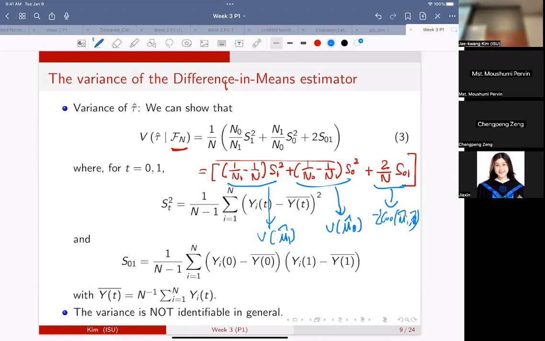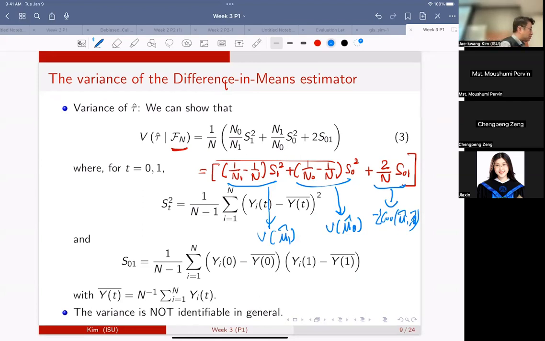So you can see, this is the population variance of y1, and this is the population variance of y0, in some sense. But this one is a covariance. The covariance is tricky because you never really observe y1 and y0 together, right? So there's no way you can estimate what this covariance is. You cannot naively assume that they are independent.